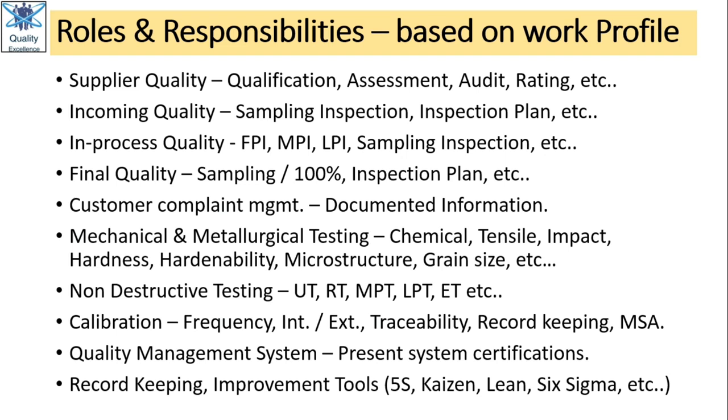Then if you are working in quality management system, they may ask you which certifications you have and what type of documents you are maintaining and other related questions. And if you are working in record keeping or other improvement tools, then they may ask related questions like what is 5S, Kaizen, Lean, Six Sigma, etc.